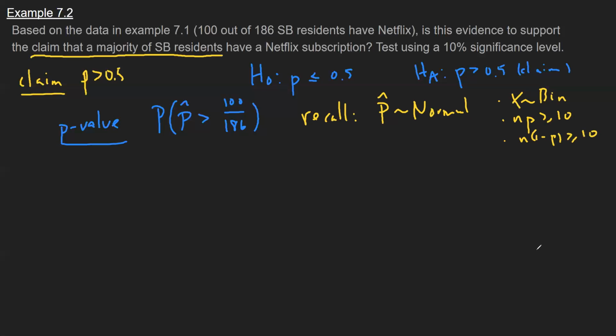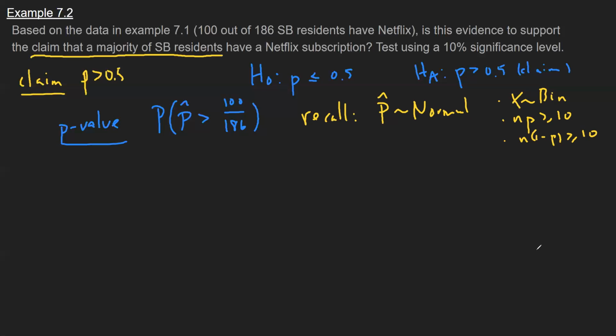I won't check it here, but you can look at the values. The binomial part is every resident either has a subscription or not. The n is our sample size, and in this case, p is unknown. However, under hypothesis testing, we always assume the null to be true, so the value you would use there would be the 0.5.